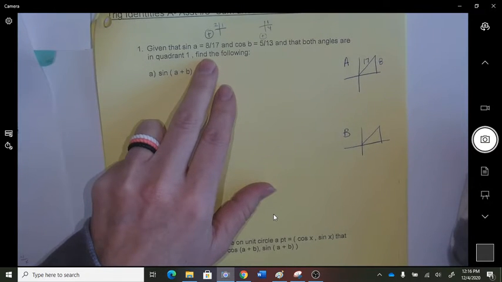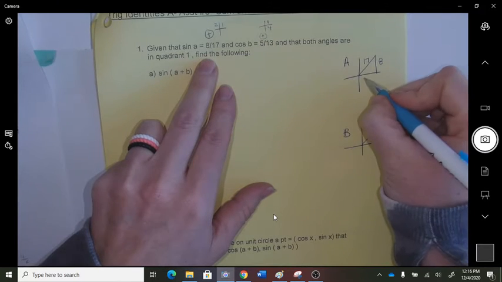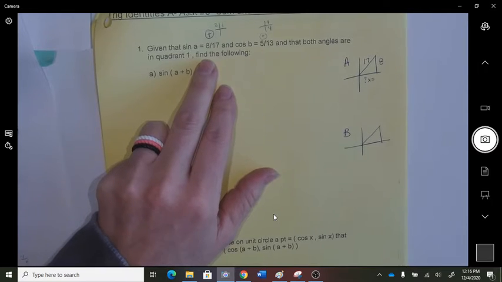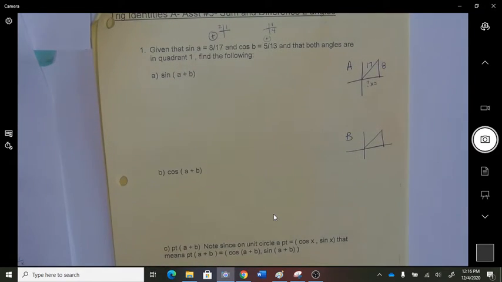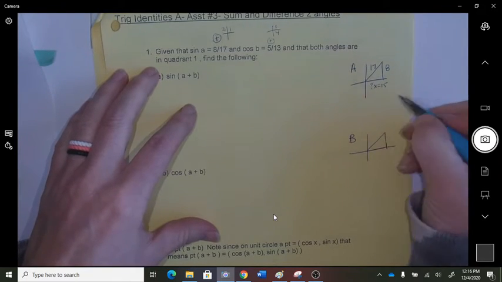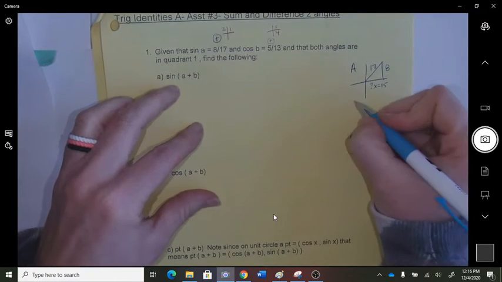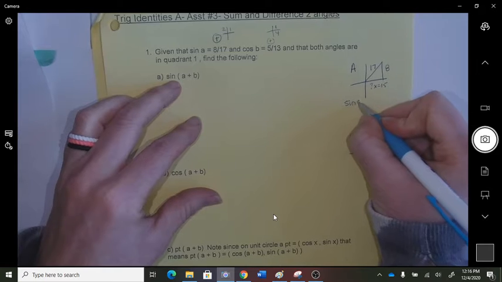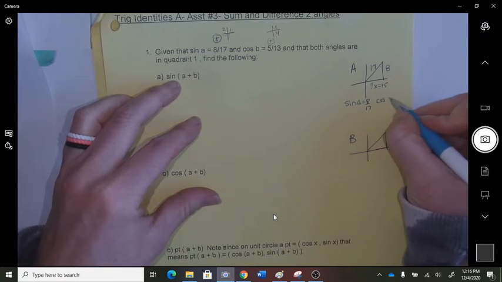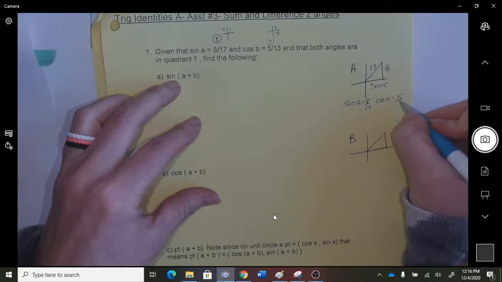Sine is the Y and the R, so I find that X. 17 squared minus 8 squared, so that's 15, and it's positive. Okay, so I'm just going to write this down. Sine A was 8 over 17. Cos A is 15 over 17.